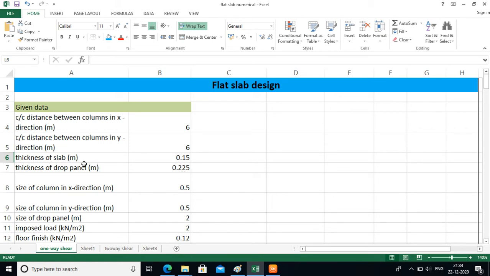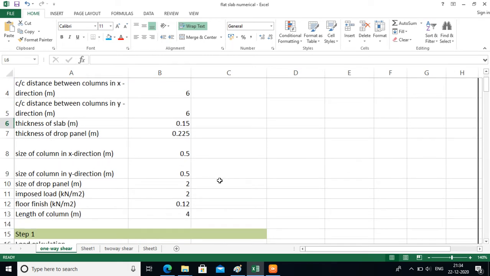So how do we get this drop thickness? Drop thickness is nothing but the thickness of slab plus thickness of slab divided by 3. In this way we get that drop thickness. Here we also assume a column of size 500 mm by 500 mm, a square column. Size of drop panel, again we already covered how to select the size of drop panel.